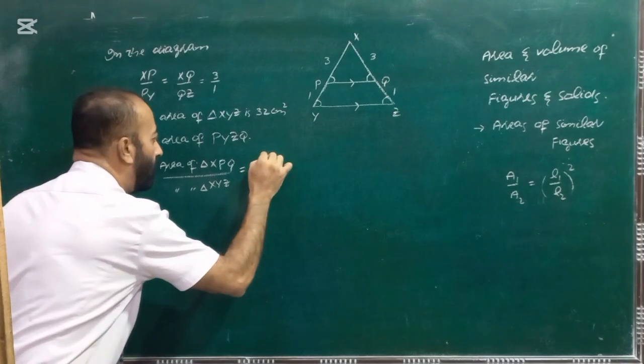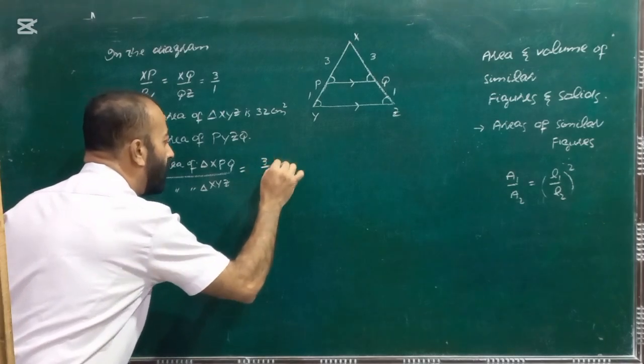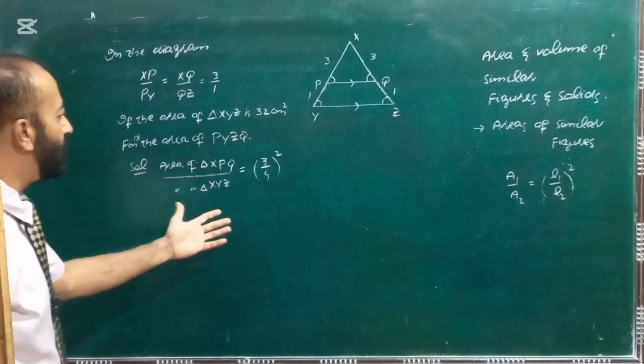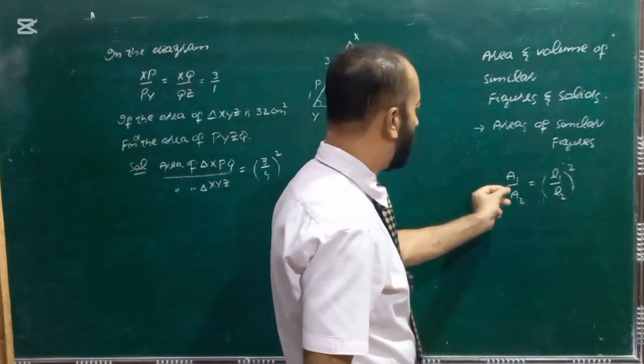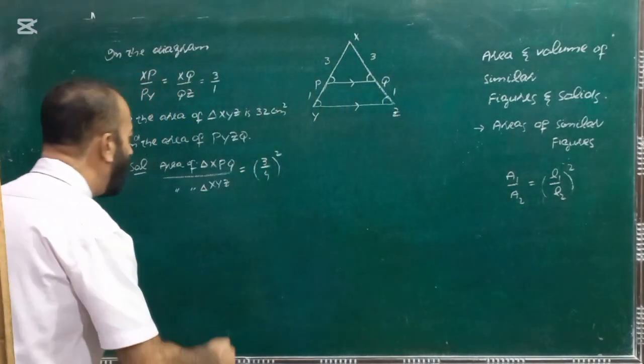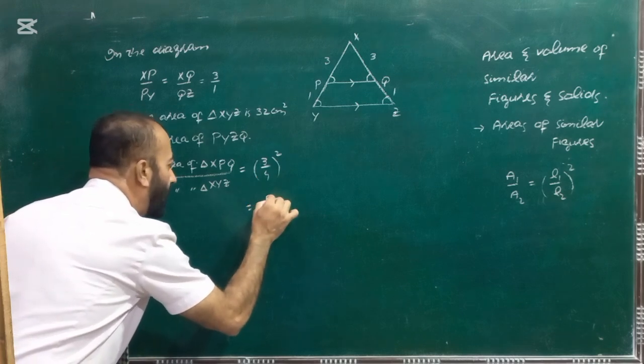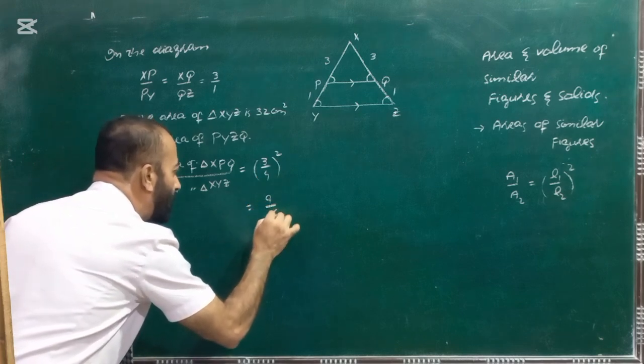So (3/4) whole squared. This is the concept which we have applied. From here, 3 squared is 9 and 4 squared is 16.